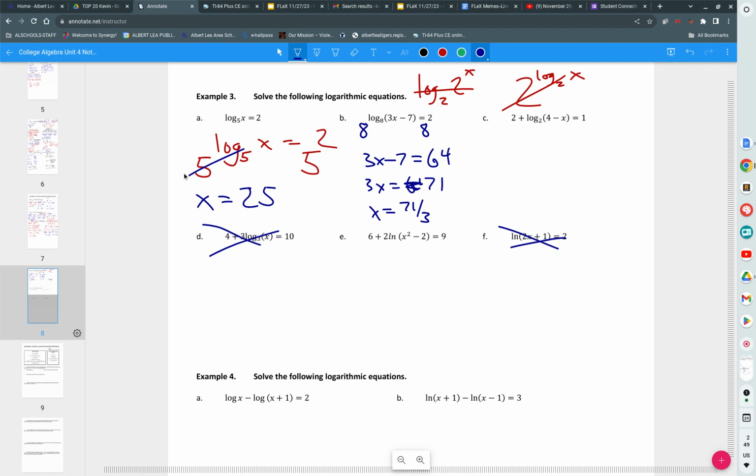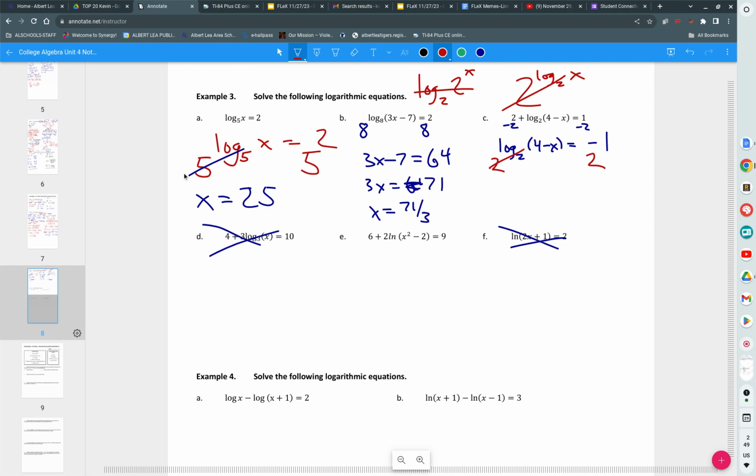What's your first step for letter C? Subtract 2. I subtract that 2. Right? Log base 2 of 4 minus x is equal to negative 1. What is my next step? Base of 2. Create a base of 2. Log base 2 and 2 cancel.